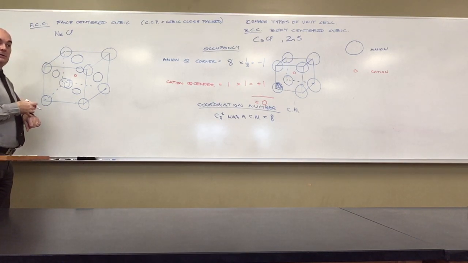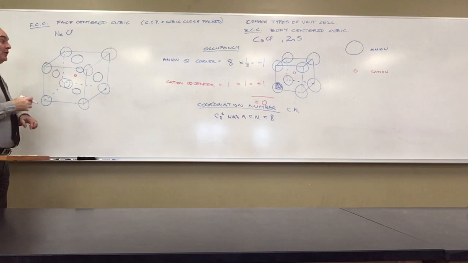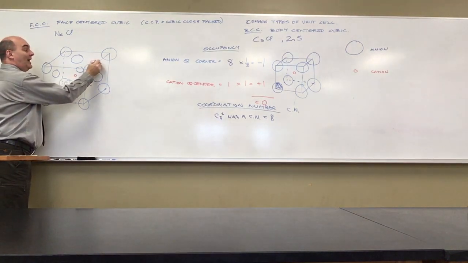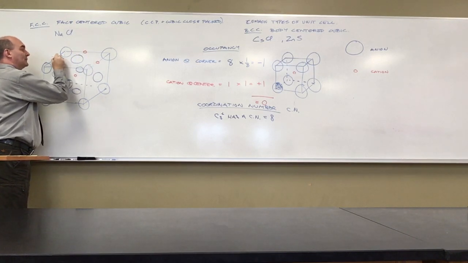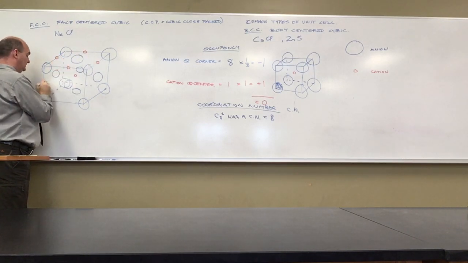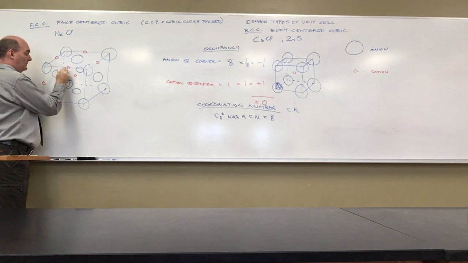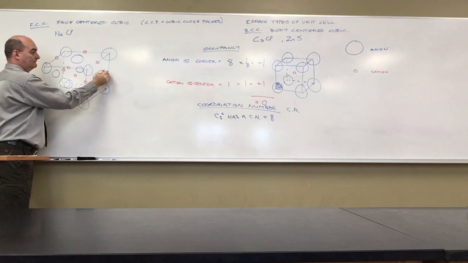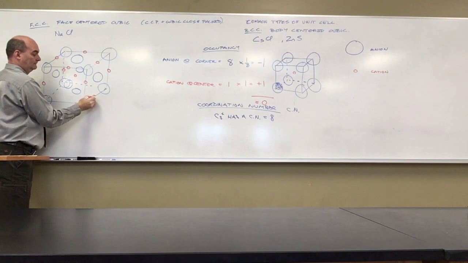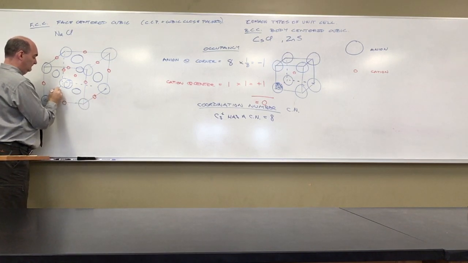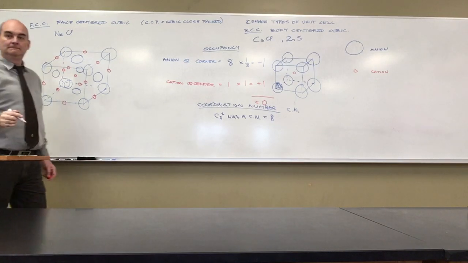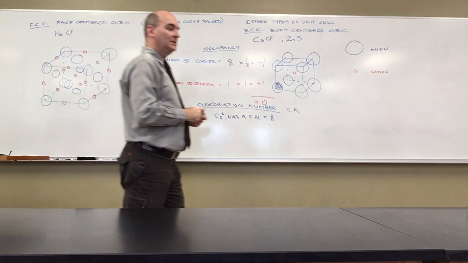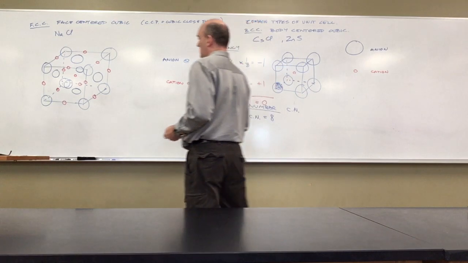And then I'm going to put a cation on every edge in between the anions. This is face-centered cubic.